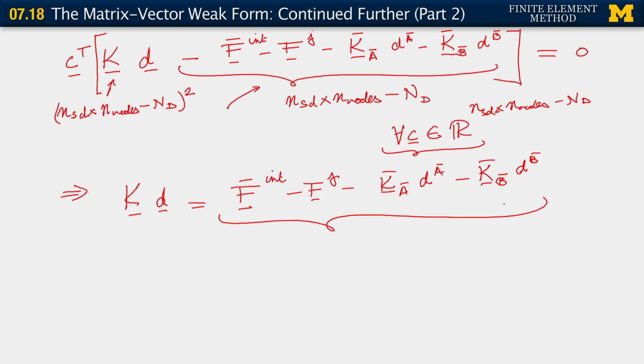And now of course we're going to call all of this our final forcing vector. So we've arrived at the same matrix vector form of our final finite element equations, K D equals F for linear problems. So this is our final matrix vector equation.